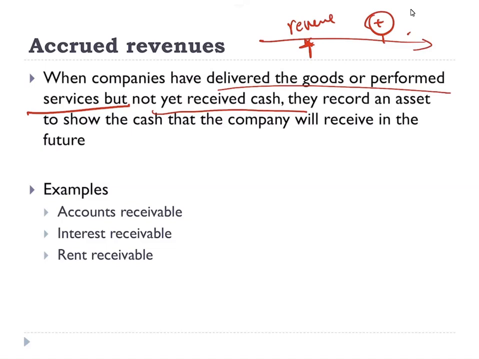And in this situation, they can record an asset that shows the cash that the company will receive in the future. Examples of accrued revenue: we have accounts receivable, interest receivable, rent receivable. So all of those receivables are examples of accrued revenue.